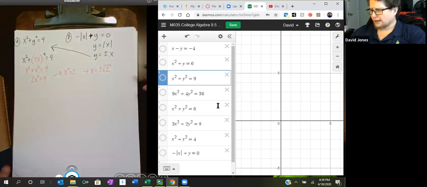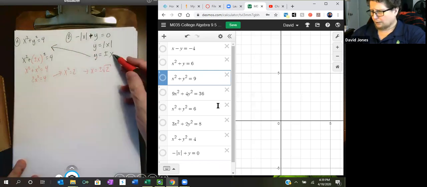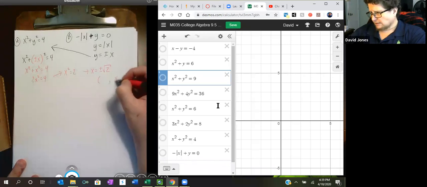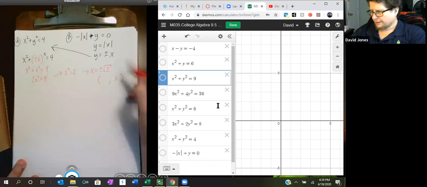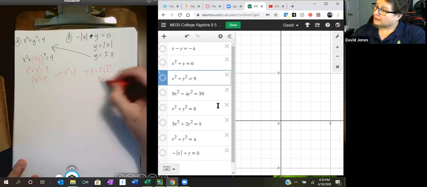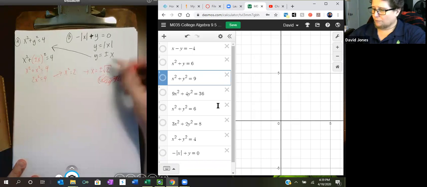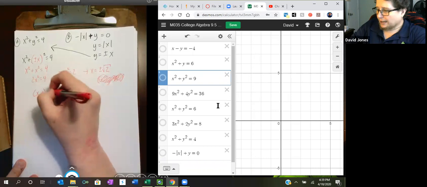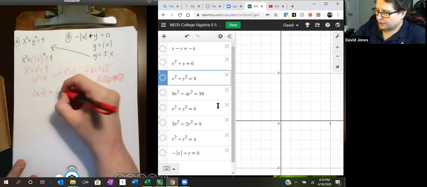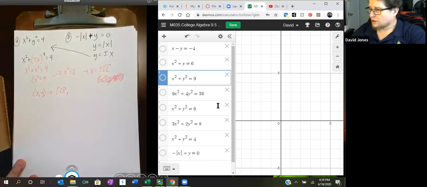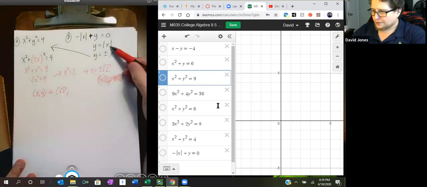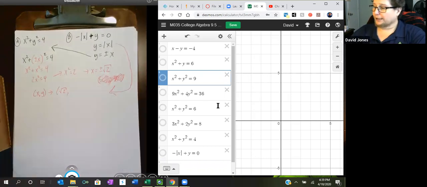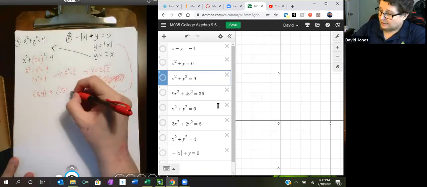So I have 4 answers here. When y equals positive x, wait, I got to plug that in. What do we have? So x comma y. Let me do this correctly. X comma y. I plug in square root of 2. Y is the absolute value of that. It becomes the square root of 2.